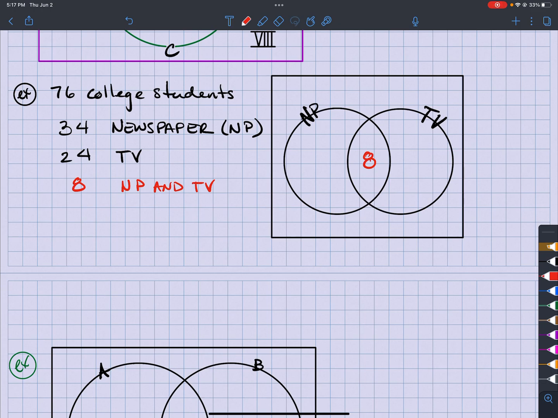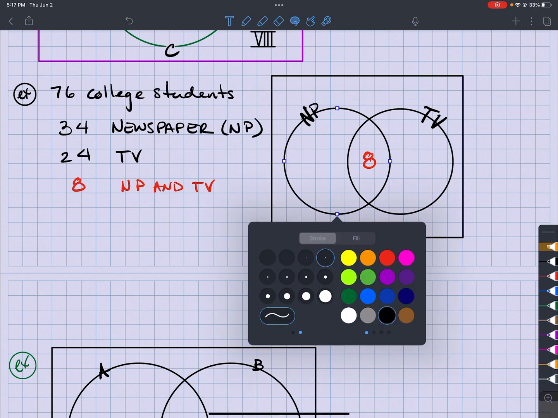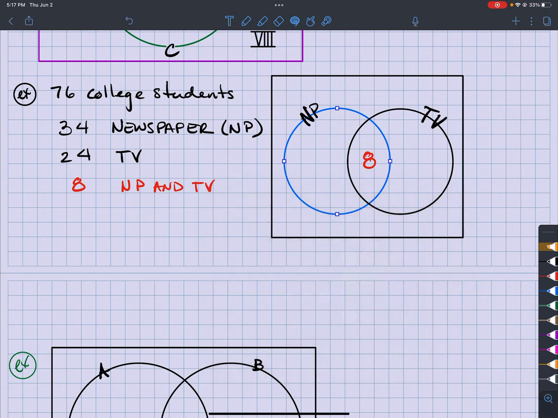So again, this circle right here represents everybody that reads the newspaper. So this whole thing in blue is the 34, but there's already 8 taken up. So I really have 26.